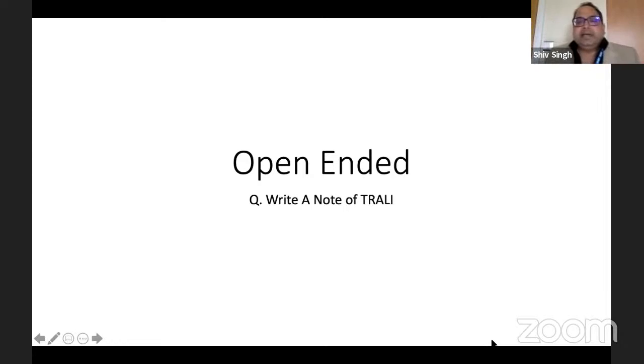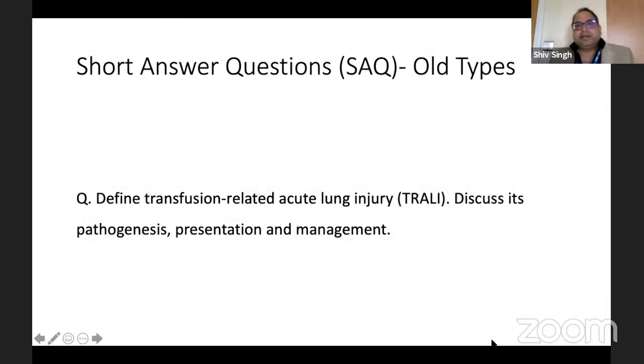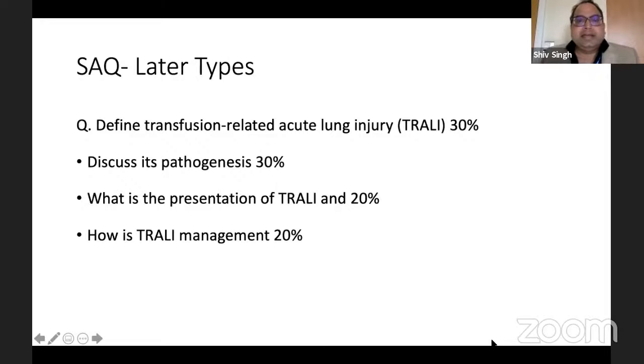exams. And then there are short answer questions, the old types, which would split that into a few points, like define what is transfusion-related acute lung injury, or discuss its pathogenesis, presentation, and management. And later on, they started giving percentage to each question.